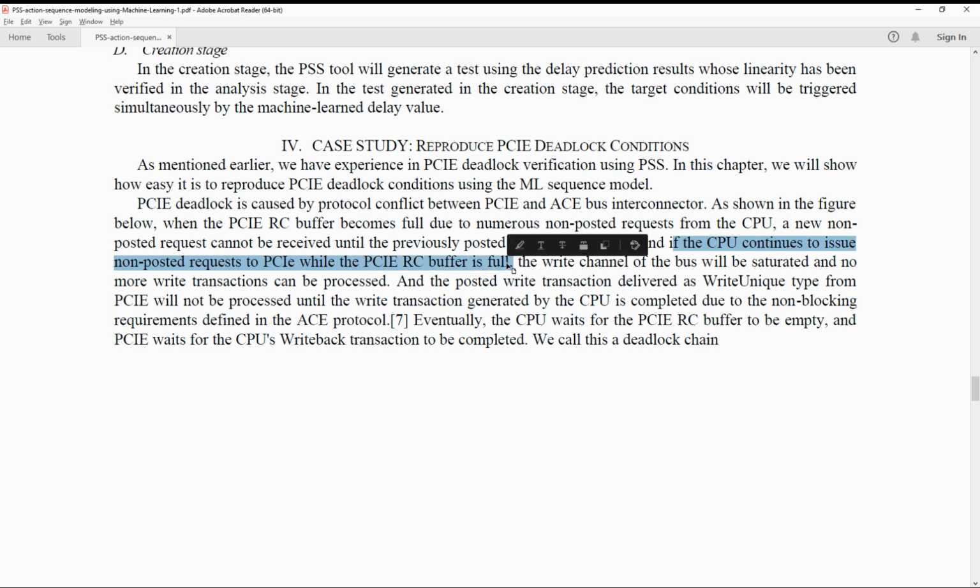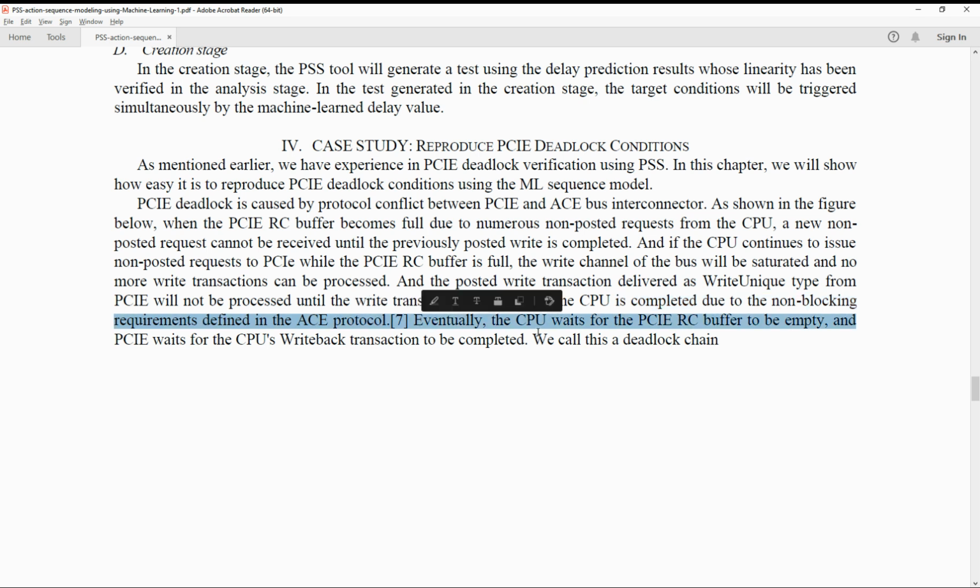The write channel of the bus will be saturated and no more write transactions can be processed. And the posted write transaction delivered as a write unique type from PCIe will not be processed until the write transaction generated by the CPU is completed, due to the non-blocking requirement defined in the ACE protocol.